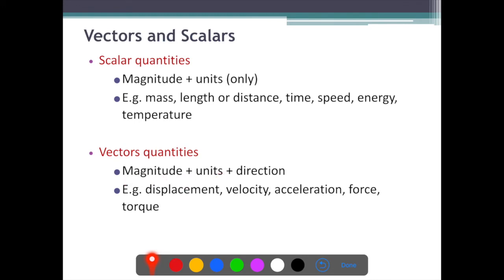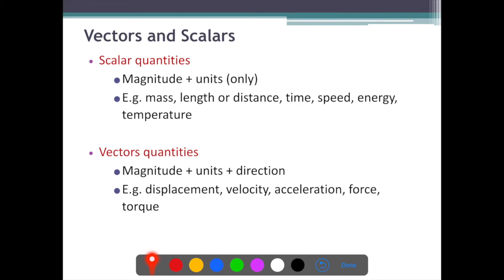Okay. So we've been talking about forces as vector quantities. Vectors have magnitude, which is essentially a number, how large the force is, followed by the unit, and you also need to have a direction. Examples of vectors that we have learned so far are displacement, velocity, acceleration, and force. And later on, you will learn about torque.